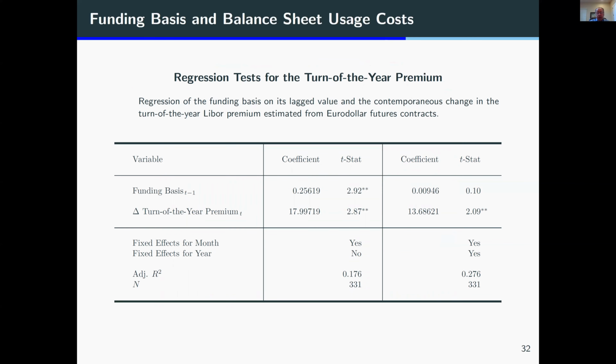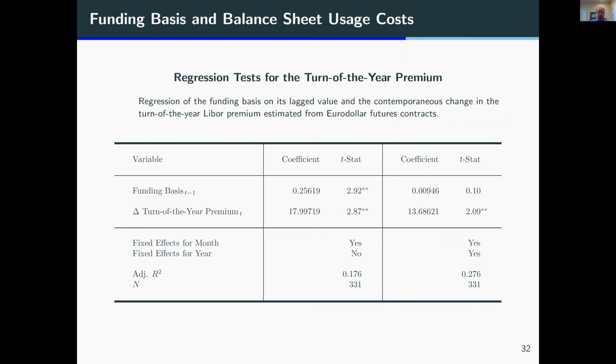So simple analysis here. We just take the changes in the funding basis and regress it on its lag value just to control for time series or stale trading effects. And then we have the turn of the year premium, and it shows up very significantly. This is from a different market, the Eurodollar futures market.